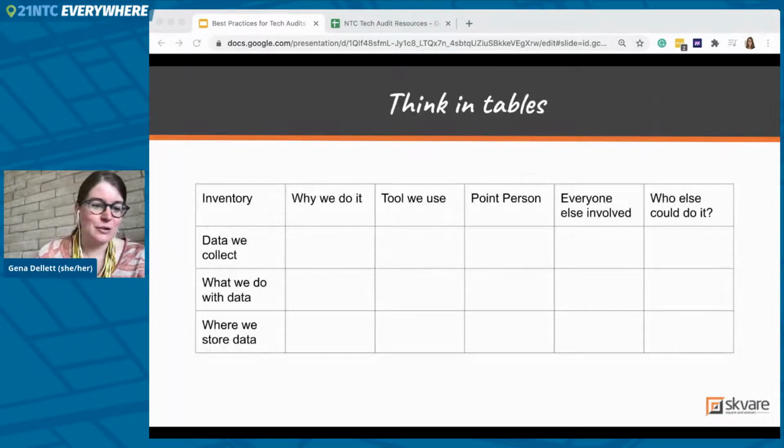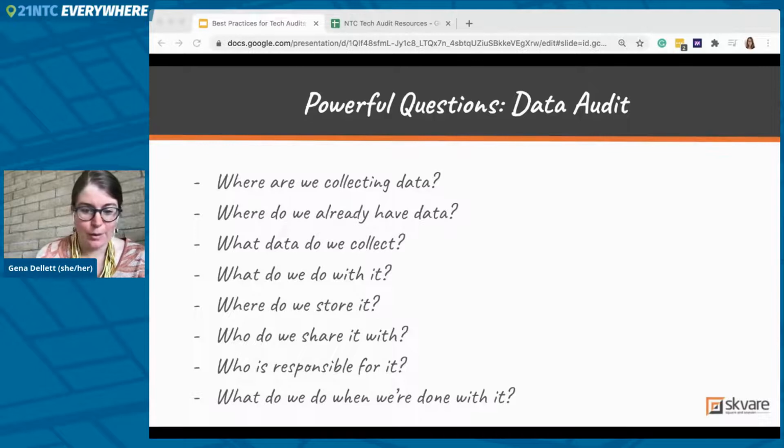So like I was joking earlier about, maybe your brain works in tables, maybe it works in paragraphs, maybe you need punctuation, maybe you don't. But this is another opportunity to think in tables of the way that you can organize these questions, all these powerful questions, and review all of those internal shared documents, or those documents that are uniquely on your computer, or all of the groups that you have in your CRM system, or all of the paper forms and all the questions that you're asking on those paper forms that you think you need.